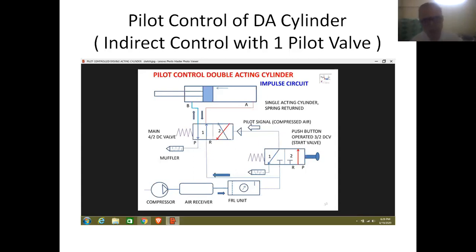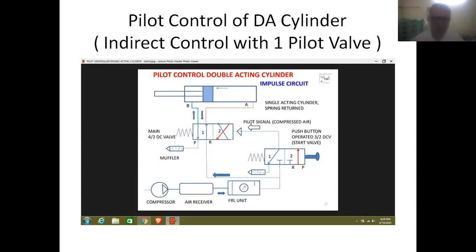This pilot valve is used for controlling the direction control valve, and finally, this direction control valve will be controlling the operation of a double acting cylinder.